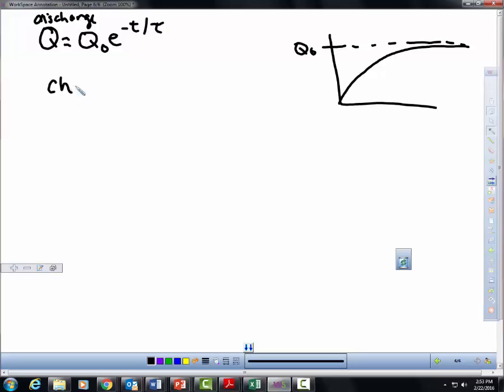And then charging looks very similar to our voltage relationship. Q equals Q naught, and this is max, times 1 minus e to the negative t over tau. Okay, so we have these relationships as well.